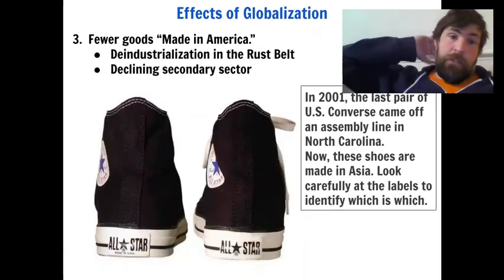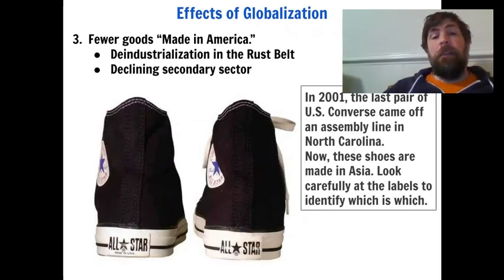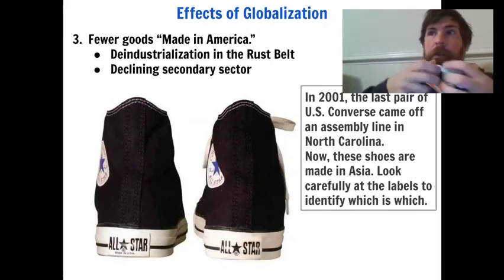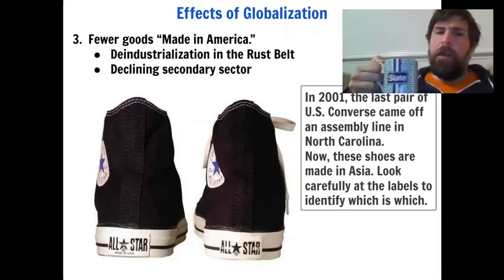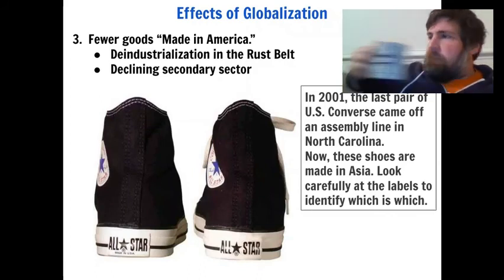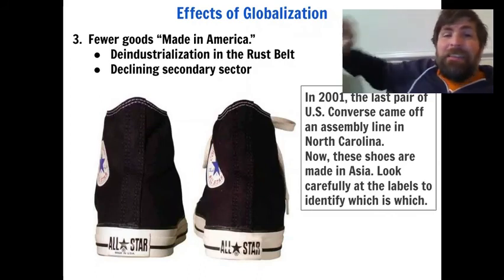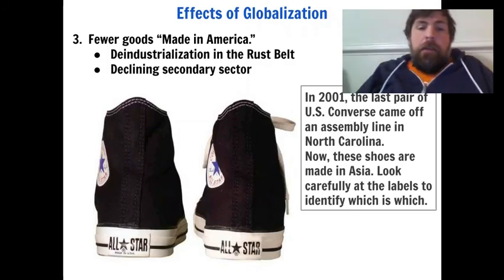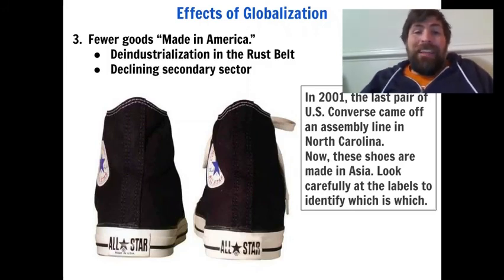Another effect of globalization: fewer things are made in the United States. The words made in the USA are less common than they ever were. This has led to deindustrialization in the Rust Belt, which is, remember we watched that video about Dayton, Ohio at the beginning of the year. There's been a decline in the secondary sector of the American economy, fewer factories making less stuff.